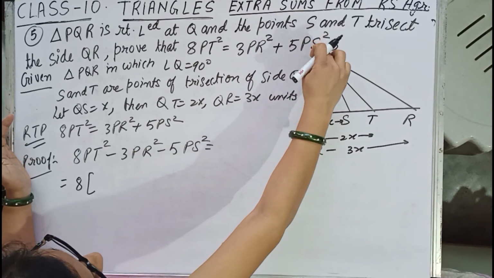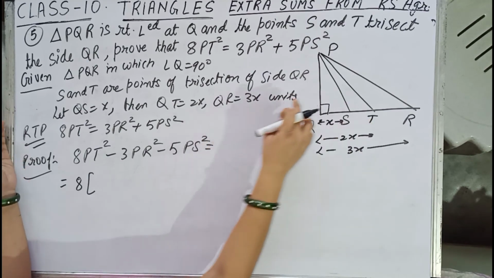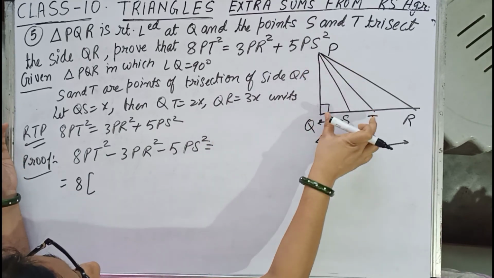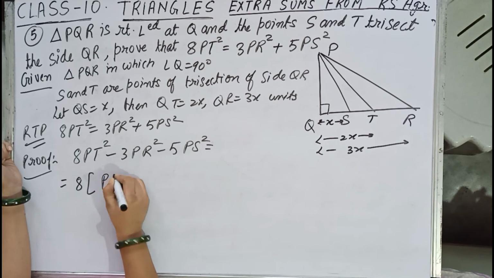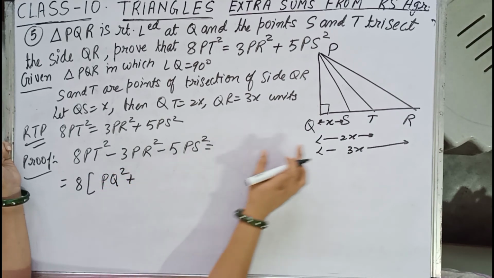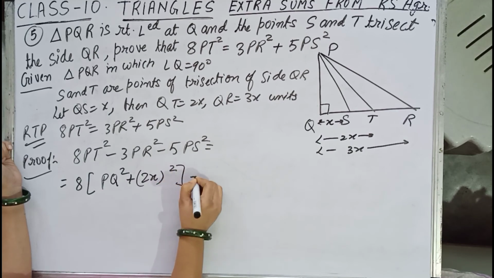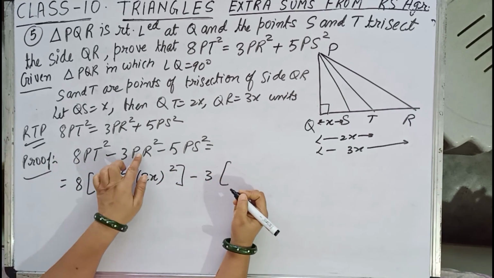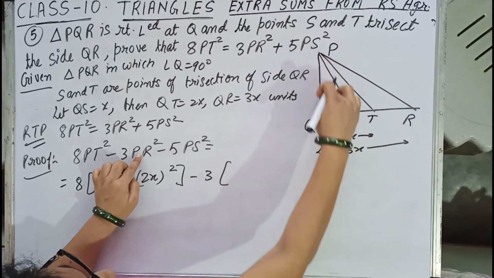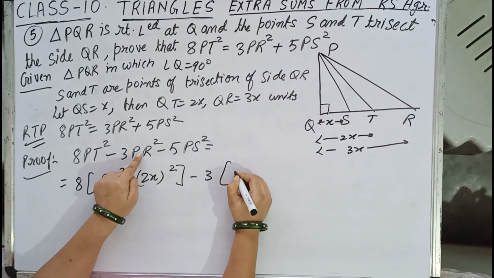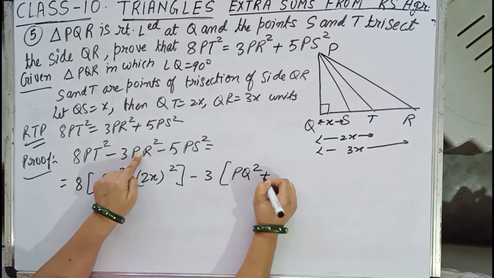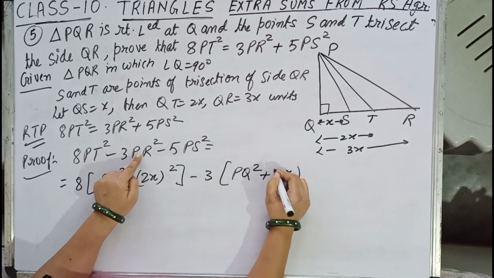Obviously that triangle is triangle PQT. So PT square equals PQ square plus QT square. So 8 times PQ square plus, in place of QT, 2x square. Minus thrice PR square, where PR square equals PQ square plus QR square, so PQ square plus 3x whole square.